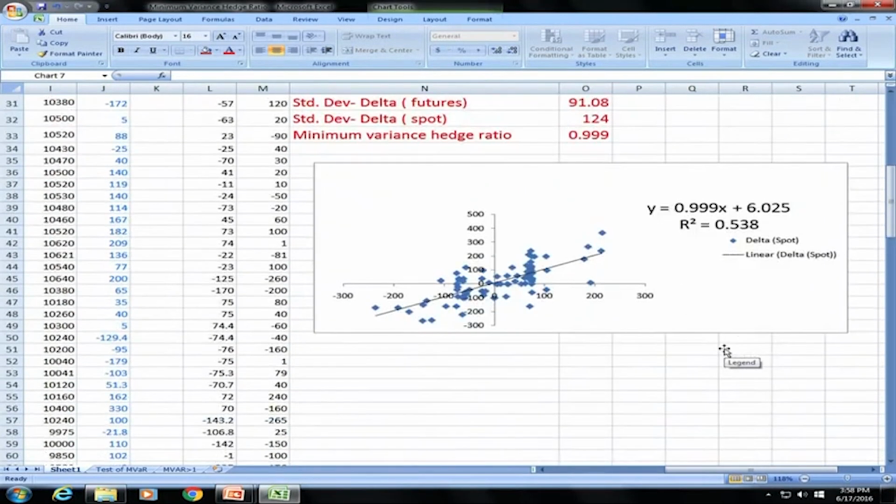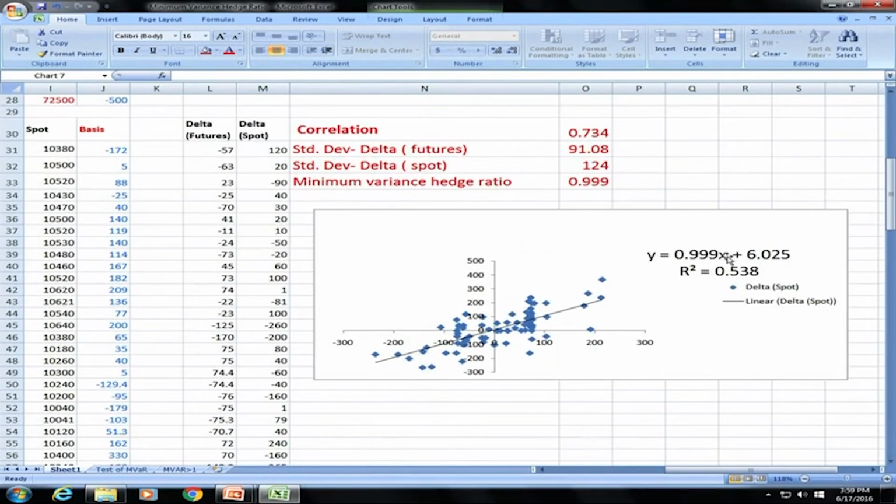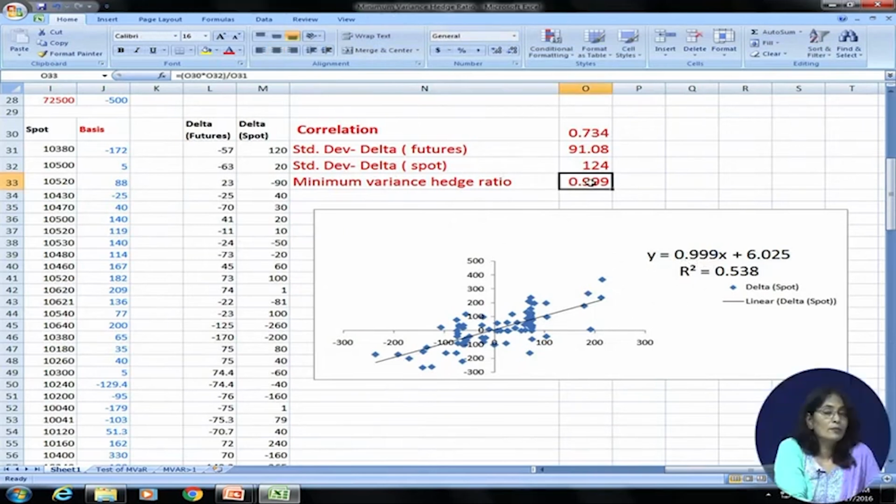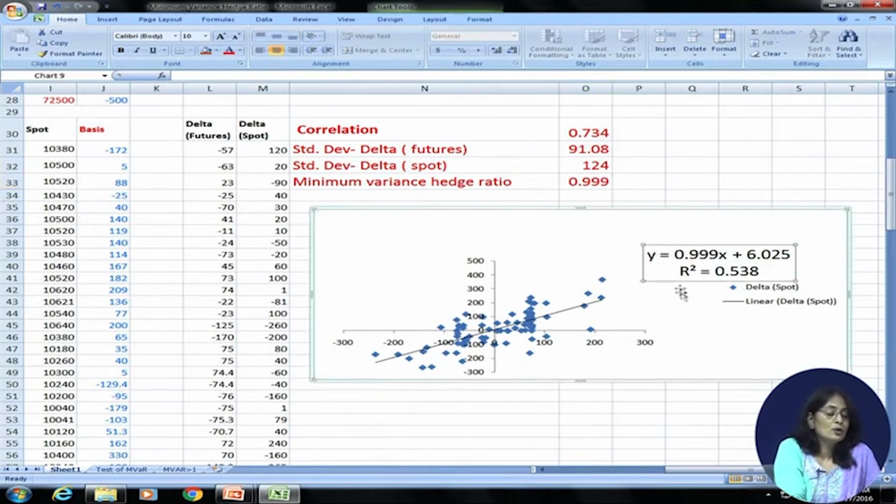Now similarly, I'll quickly take you through the beta for the isabgol seed using our formula method. It is 0.999, and using the regression method also, if you can see from the equation, y equals 0.999x plus 6.025.